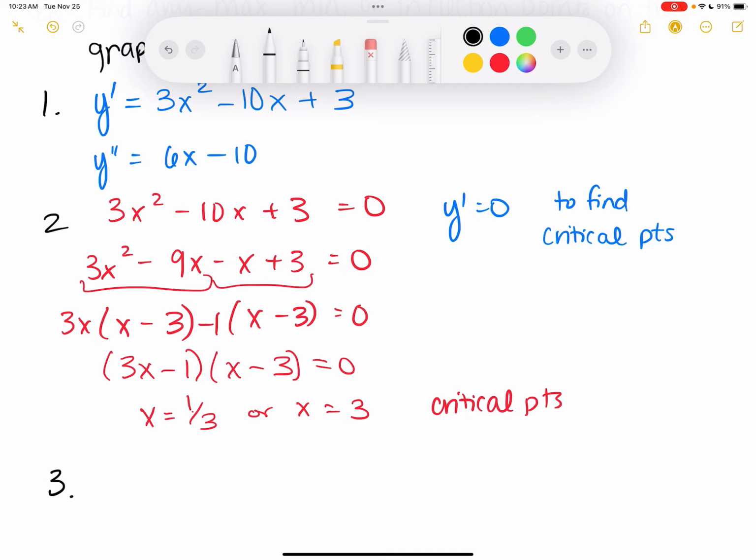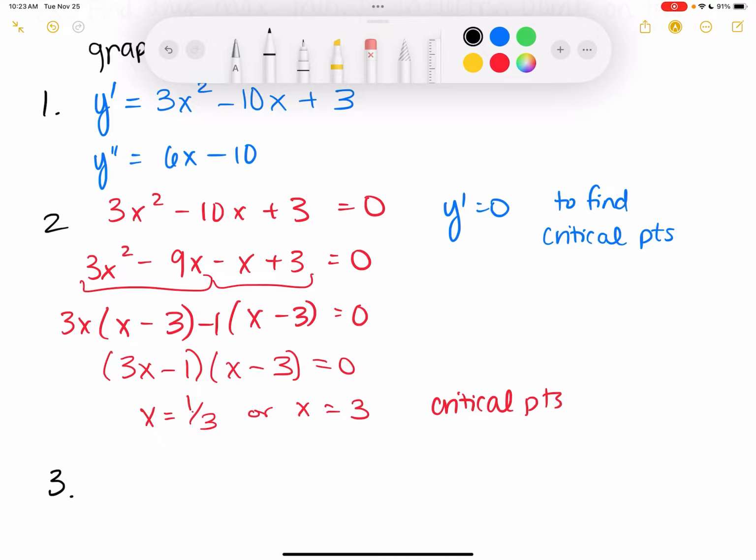Check the sign of y double prime at C. So essentially we're going to see, when I plug in these numbers, if the value is equal to 0, greater than 0, or less than 0.